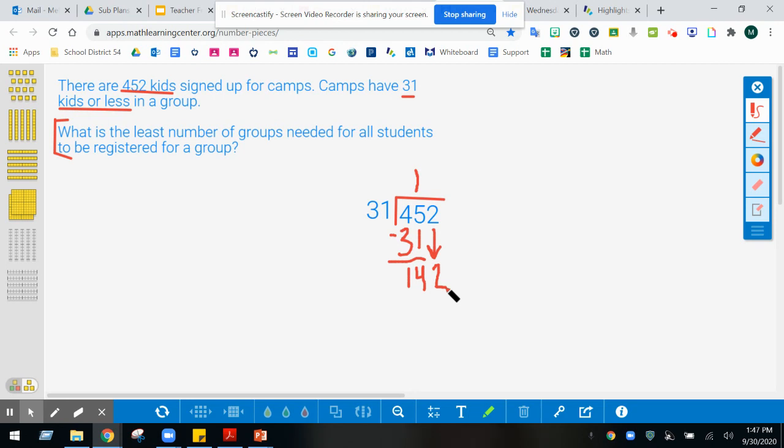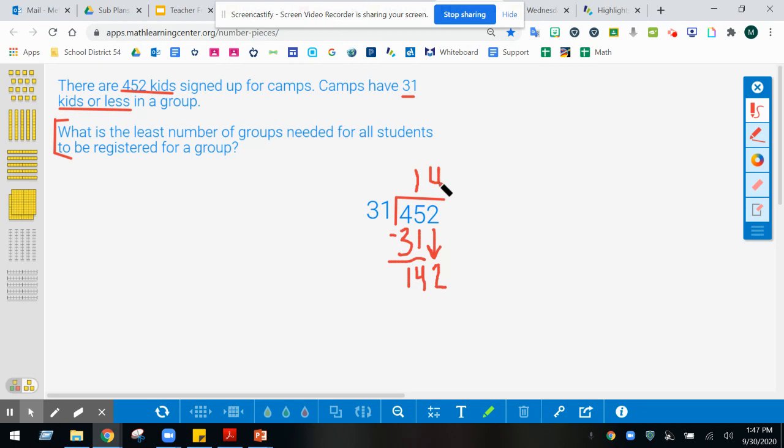I know that 30 times 2 is 60, 30 times 3 is 90, 30 times 4 is 120, 30 times 5 is 150. So let's go with 30 times 4 is 120, and then 31 times 4 would be, you've got it, 124.